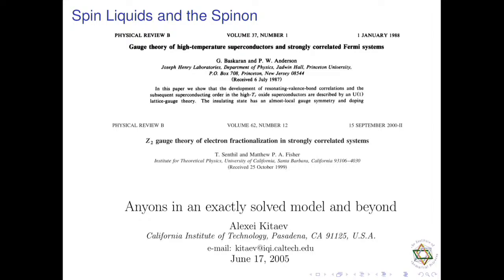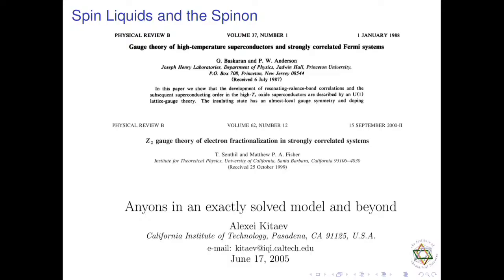So this paper by Baskaran and Anderson gave a very interesting way to view it. There were all these things of emergent gauge fields in these systems. You could classify it in a gauge theory.